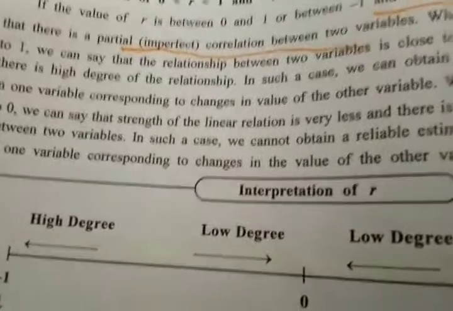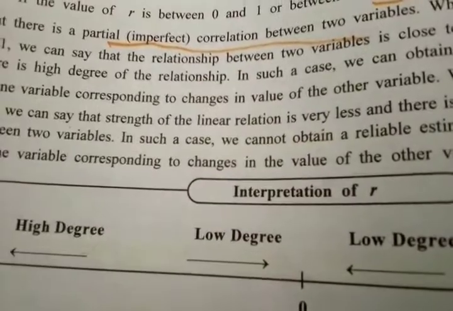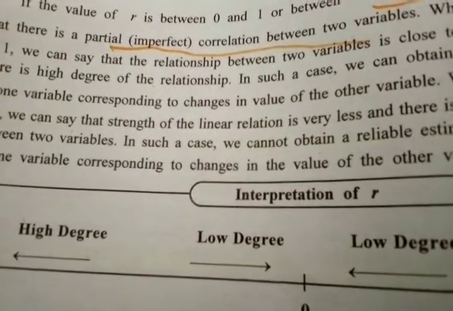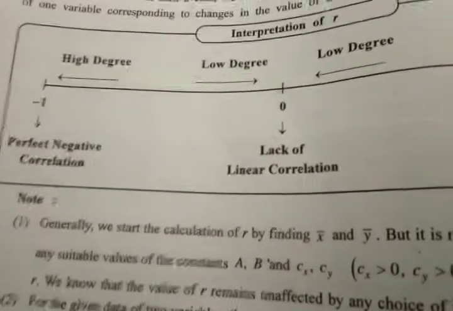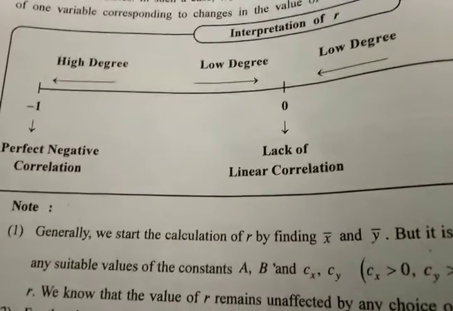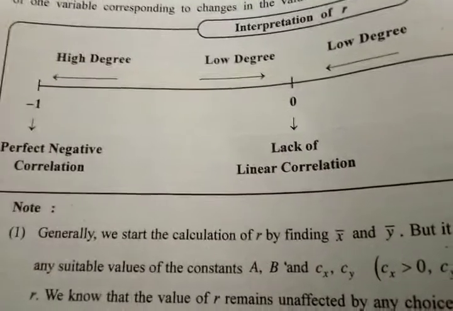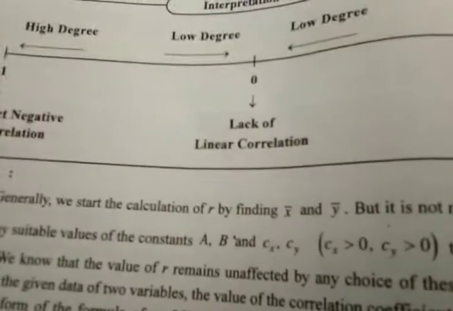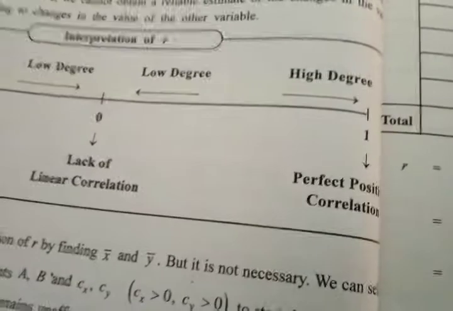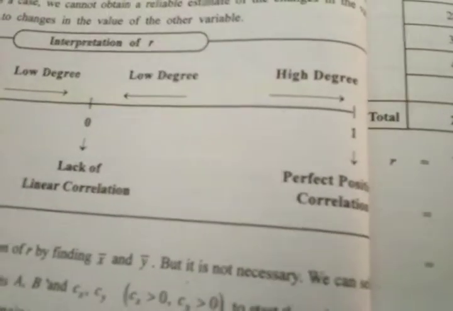Here it is a case of partial positive or partial negative correlation depending on the situation. When it is minus 1, that is perfect negative correlation. When it is 0, there is lack of linear correlation, and when it is positive 1, there is perfect positive correlation. Okay, those are some of the important points.